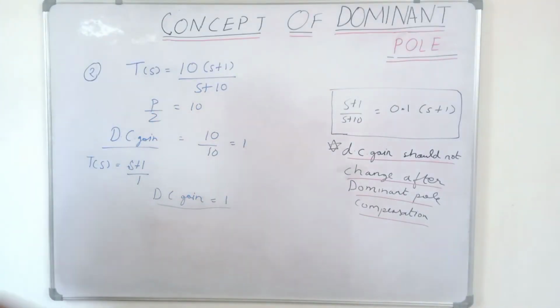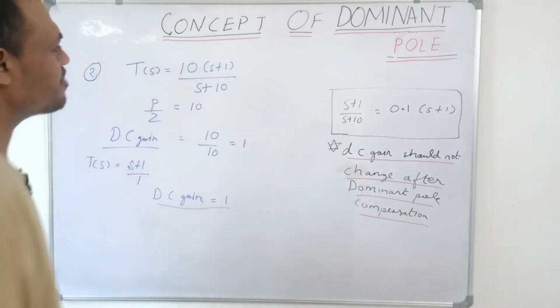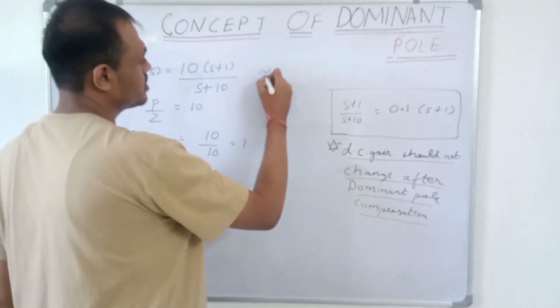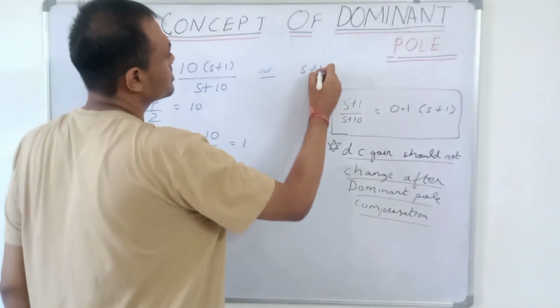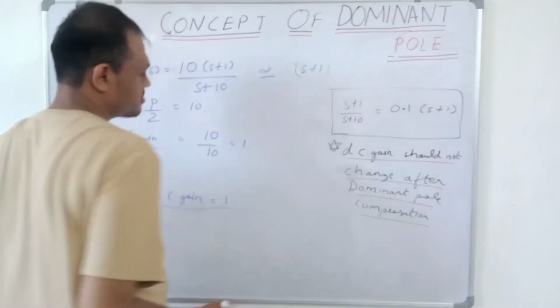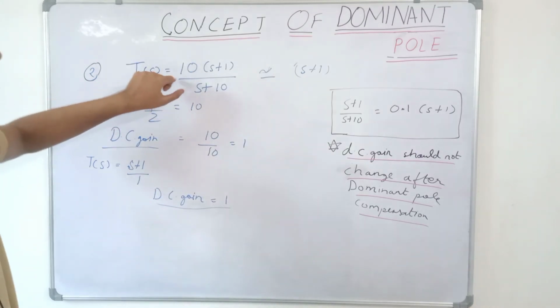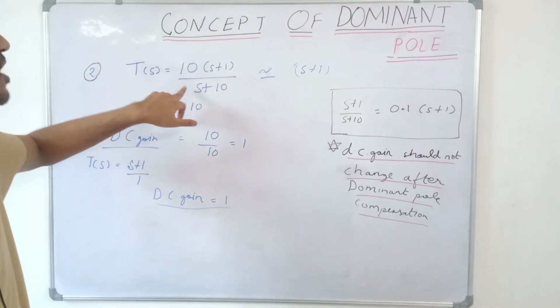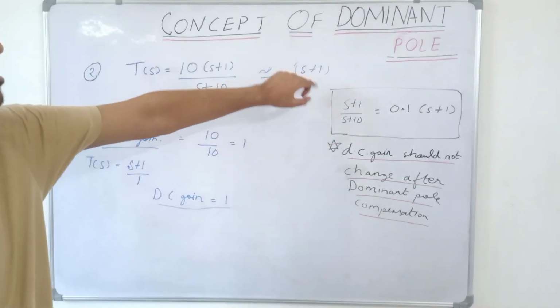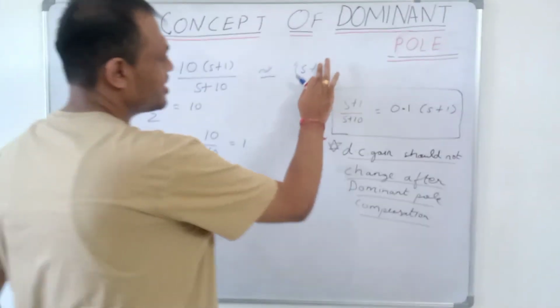So this can be approximated to s plus 1. So this is how we apply the dominant pole concept. We can approximate this transfer function (10s plus 1) upon (s plus 10) to be equal to s plus 1.